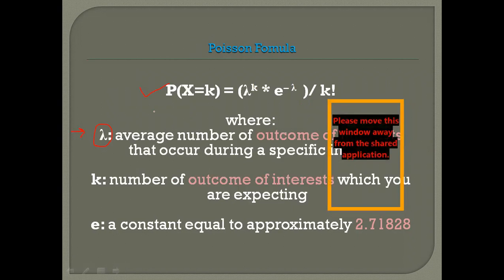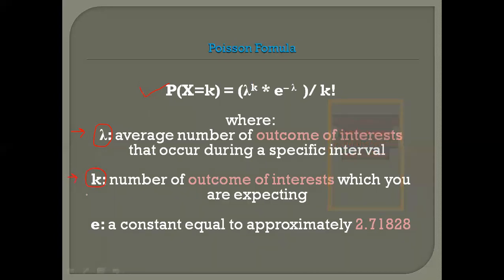Like in the previous example, I told you that we have an average of 4 births per hour in a hospital. So that's the lambda. Lambda is the average, which you have. And K is the number of outcomes of interest which you are expecting. Let's say you were expecting 15 births per hour.